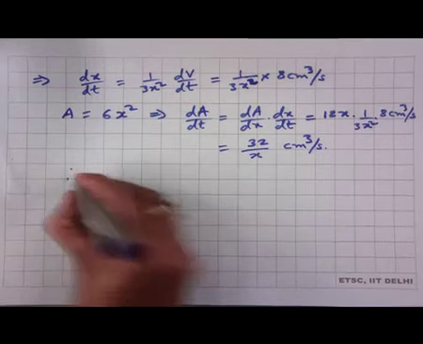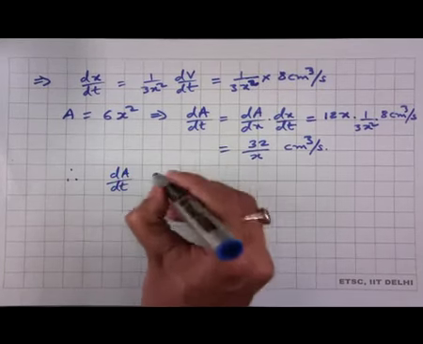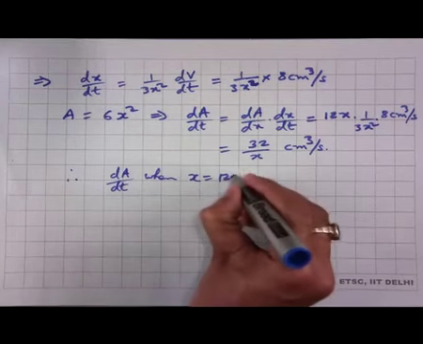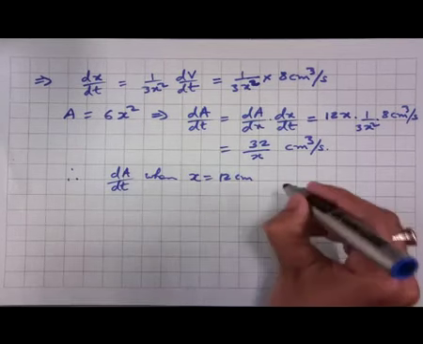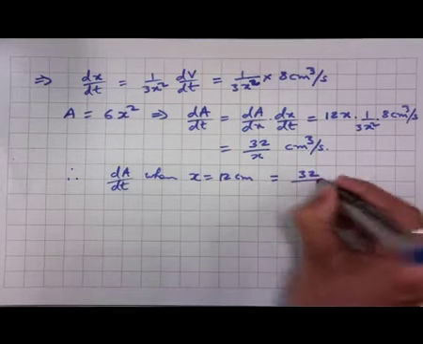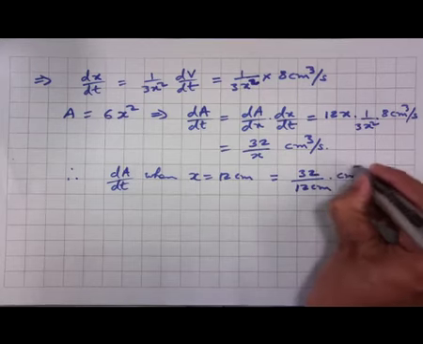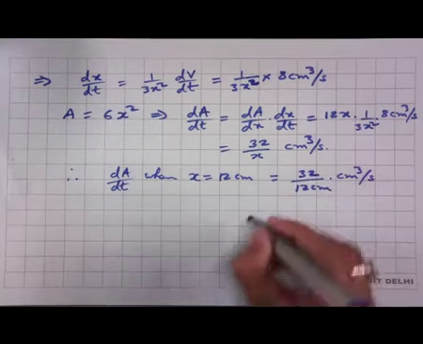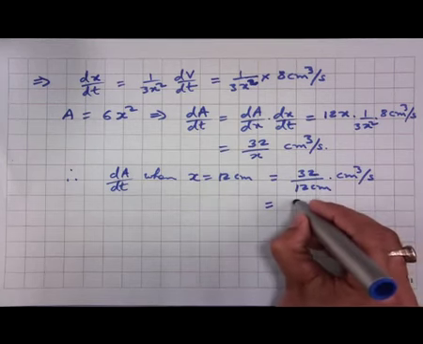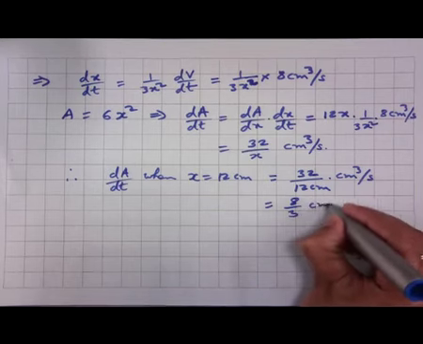So, therefore, what we have to calculate is dA/dt when x is equal to 12 centimeter, which is 32 by 12 centimeter cube per second. So, this is equal to 8 by 3 centimeter square per second.